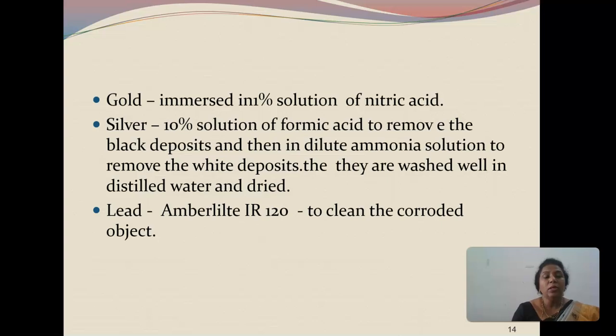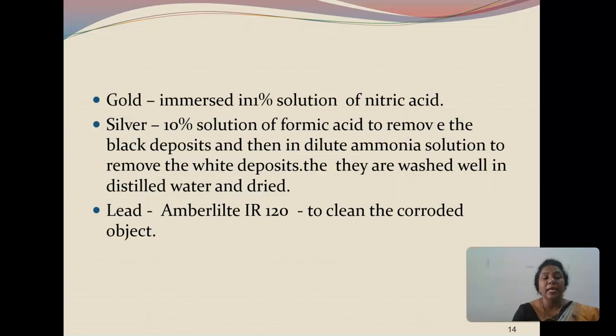For example, to preserve gold, it is immersed in a 1% solution of nitric acid. Silver is immersed in a 10% solution of formic acid, which will remove the black deposits, and then in dilute ammonia solution to remove the white deposits, and then it can be washed in distilled water, dried and kept.